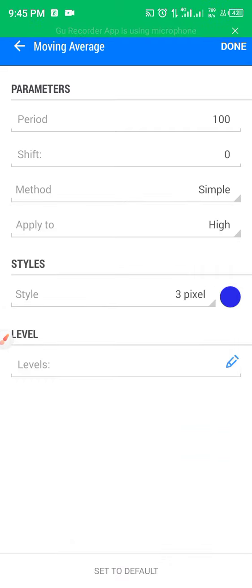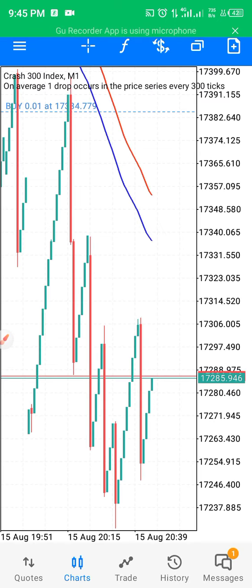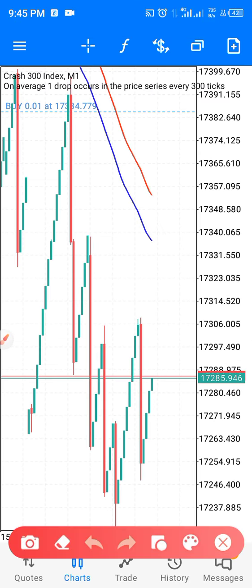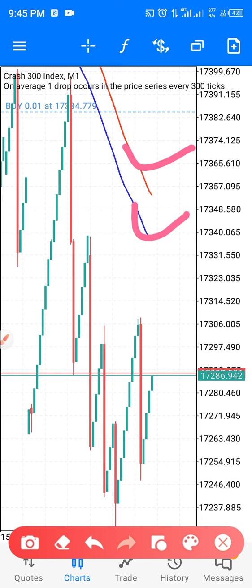Apply to high, and we change the color to red. You can use any color you want and leave every other thing the same. Then click done. When you are done, you are going to see two lines, one blue and one red. If you are using different colors, you will see those two different colors.